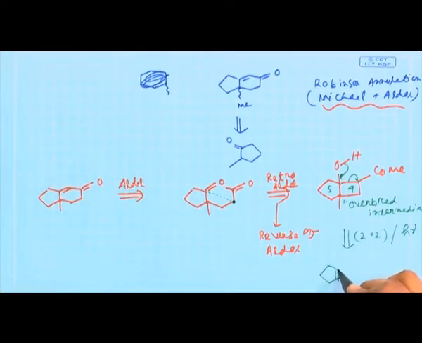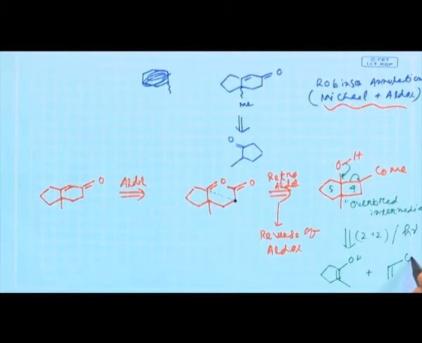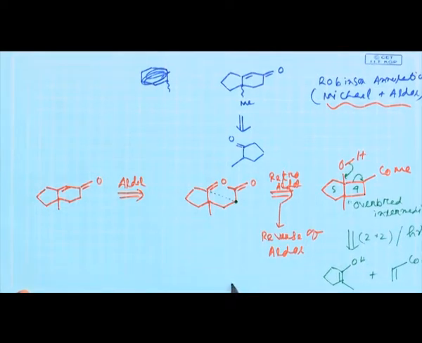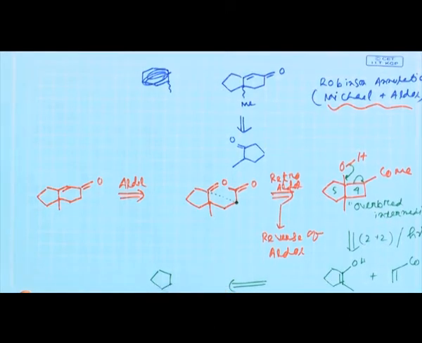So, 2+2 basically you will be requiring this vinylic alcohol and you require a methyl vinyl ketone. Fine. Where from you get this compound? This is nothing, this is the enol form of the corresponding ketone.